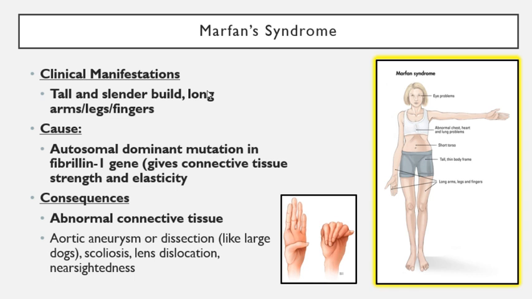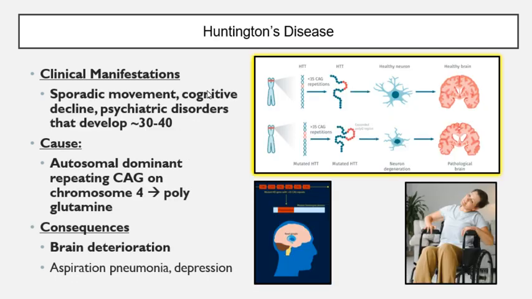That's a fun fact people know about Great Danes: dogs that are so big have problems living long because they have to pump so much blood to their body relative to a small dog. The same is true with humans. They can also have spinal issues, lens dislocation, and nearsightedness. But it's another example of an autosomal dominant.